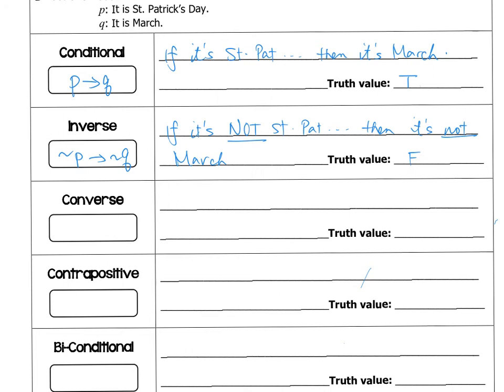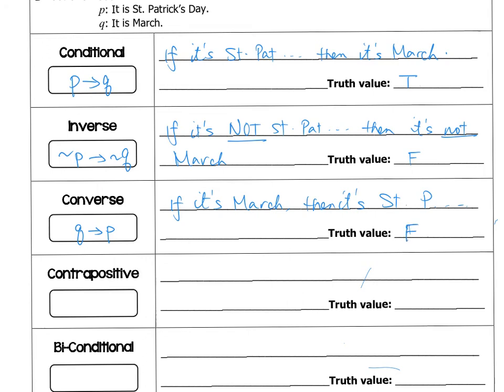And the converse is simply swapping the P and the Q. So if Q is true, then P is true. So we say if it's March, then it's St. Patty's Day. In this case, it's also false, right?